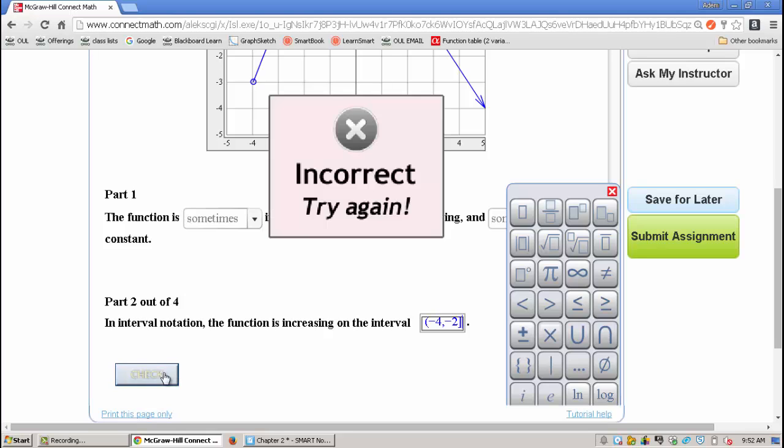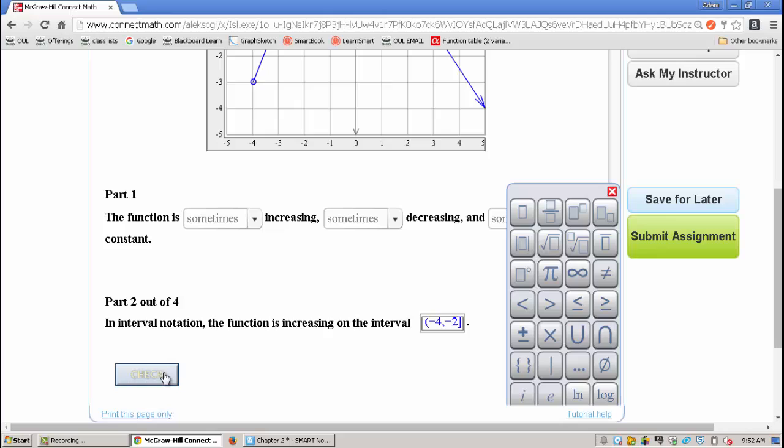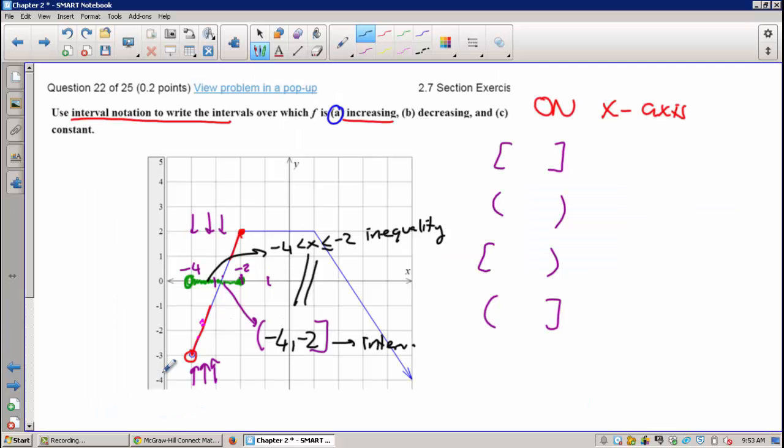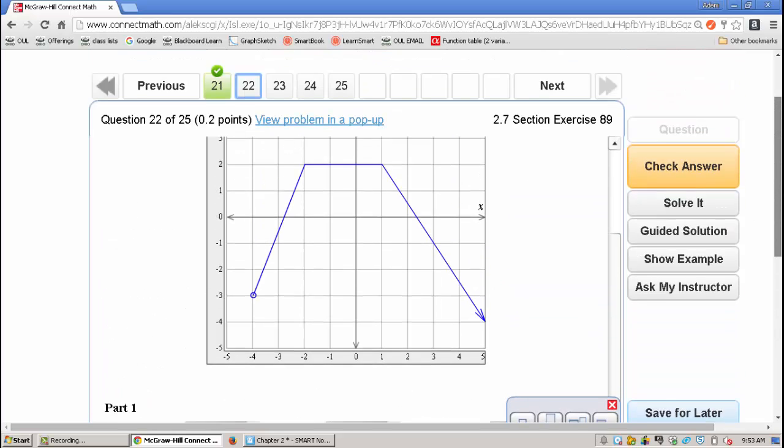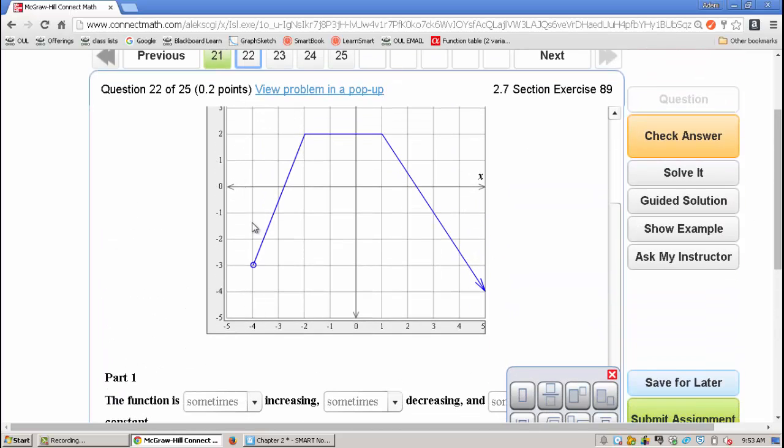Oh, where is the mistake? Did I get it right? I'm wrong again. I have to check. Yeah, no, it seems I'm right. Minus 4 to minus 2. Oh yeah, I understand my mistake.